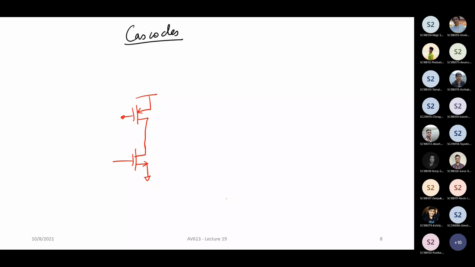If you take a simple common source amplifier like this, let's say this is M1 and M2, we saw the gain value is given by GM1 times R01 parallel to R02, right? The problem here is that the gain is limited by this factor.